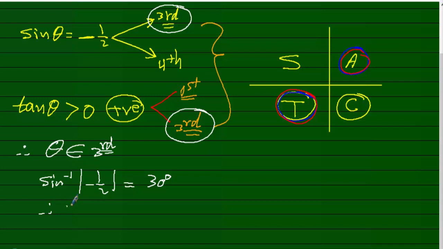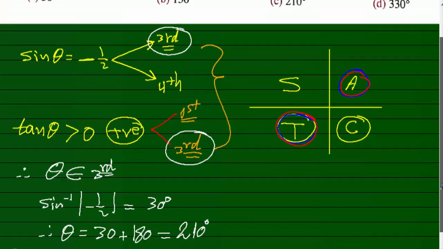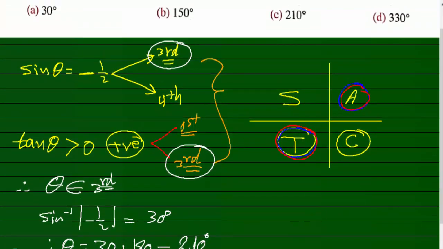So theta in the third quadrant equals 30 plus 180, which equals 210 degrees, and you will choose letter C here, and this is the right solution.